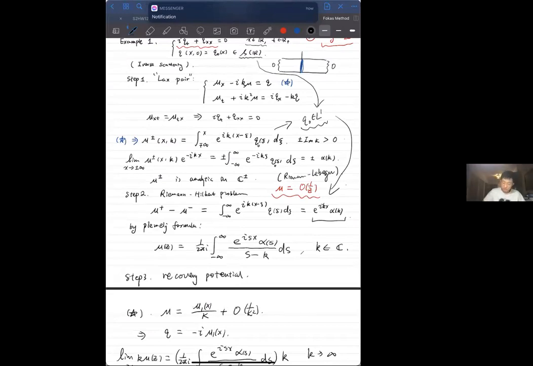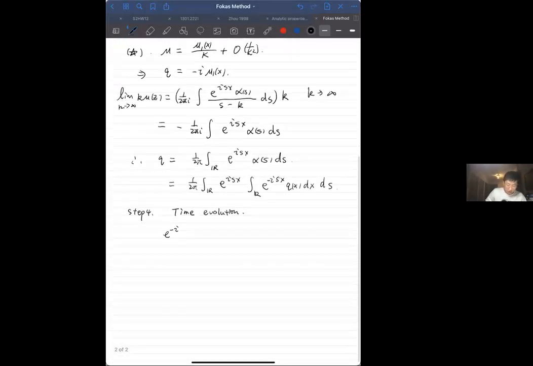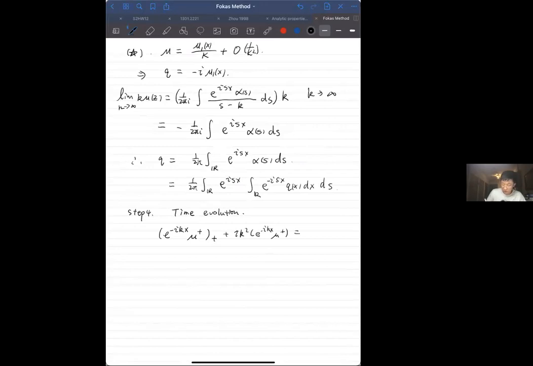Right. So we have this thing. Plug into the second equation, you have, and the right-hand side is iqx minus kq. And this thing will go to 0 as x goes to infinity, and this will go to alpha.